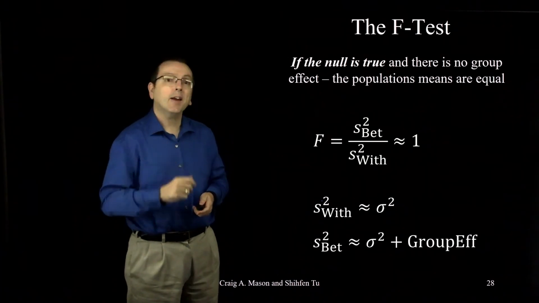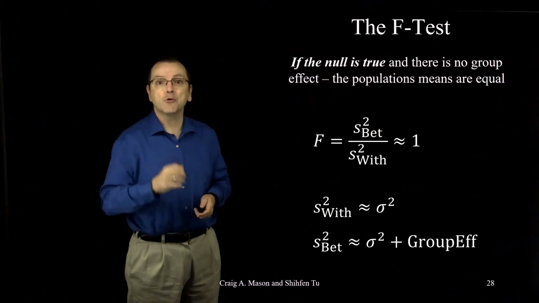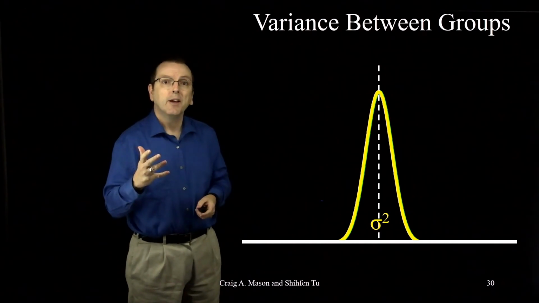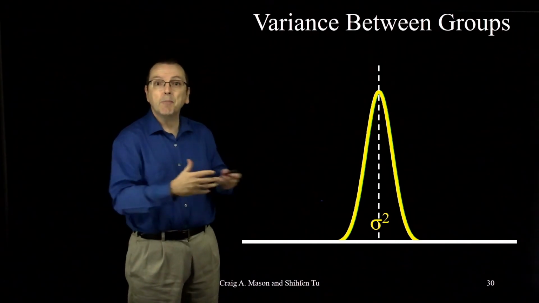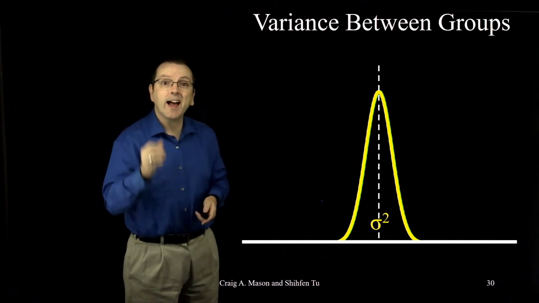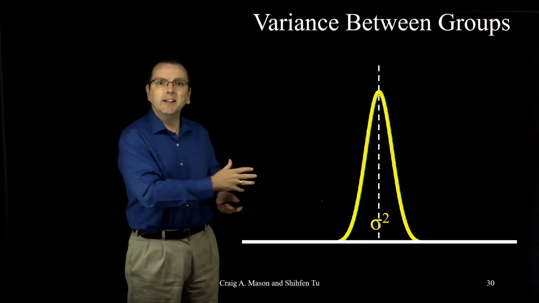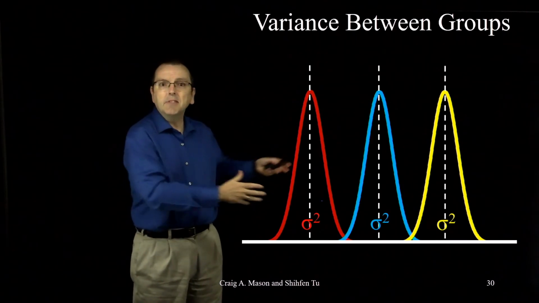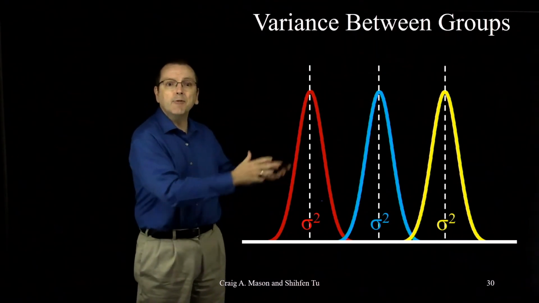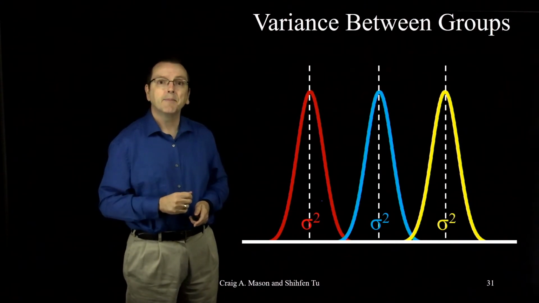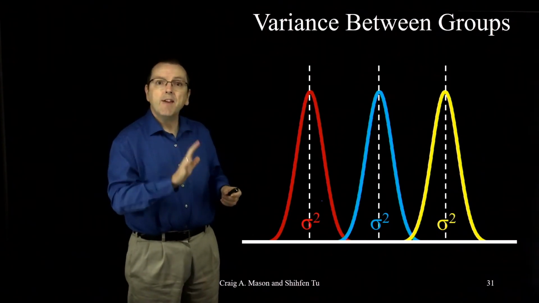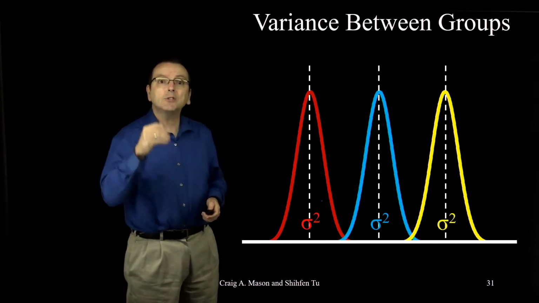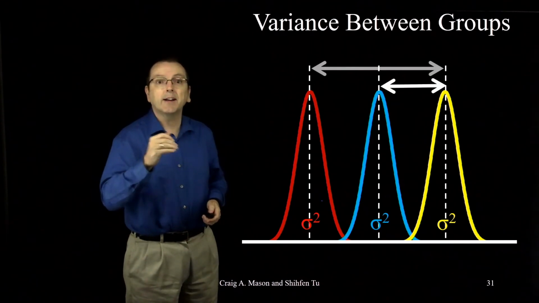Now, on the other hand, what if the null is not true? If the null hypothesis is not true, then the means for the different populations are not all exactly the same. In that case, the distributions would look more like this. They don't completely overlap. There are differences between our group means. Now, as we noted, the variance between is still estimating sigma squared, but it's also estimating the group effect.